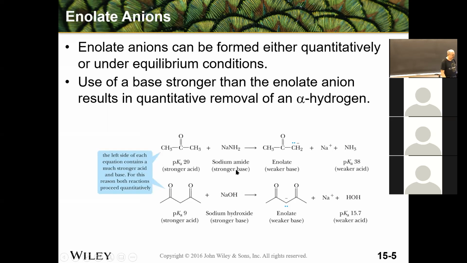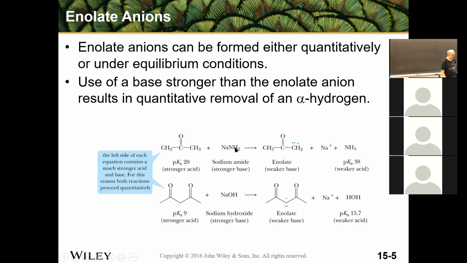Okay, an example would be sodium amide, and that would pull off an alpha hydrogen, and the pKa of the alpha hydrogens on the ketone is about 20, while the pKa of ammonia is 38. Okay, so this is definitely a weaker acid.